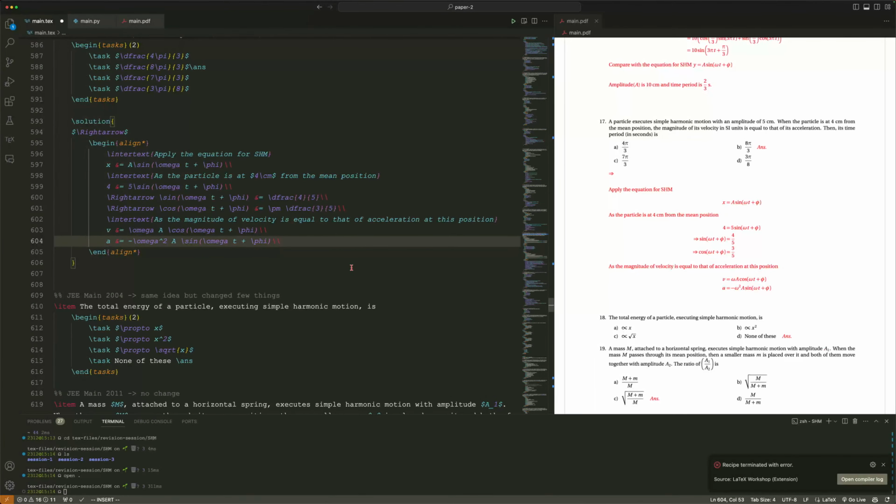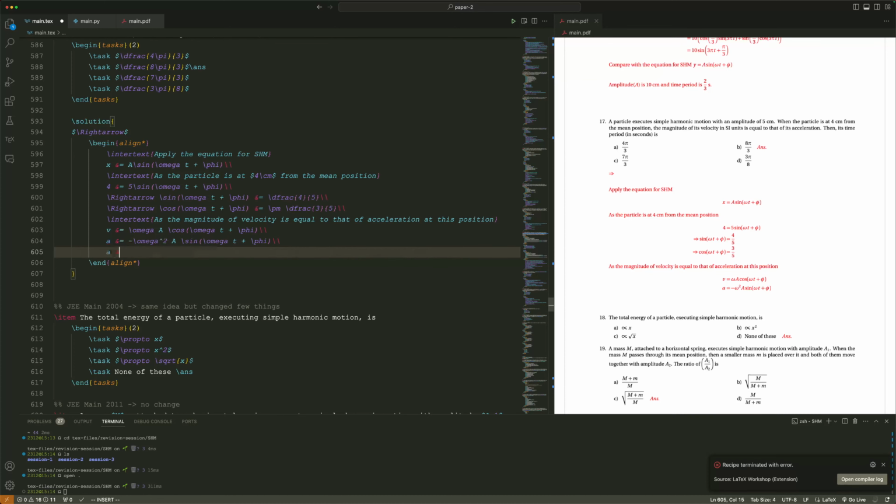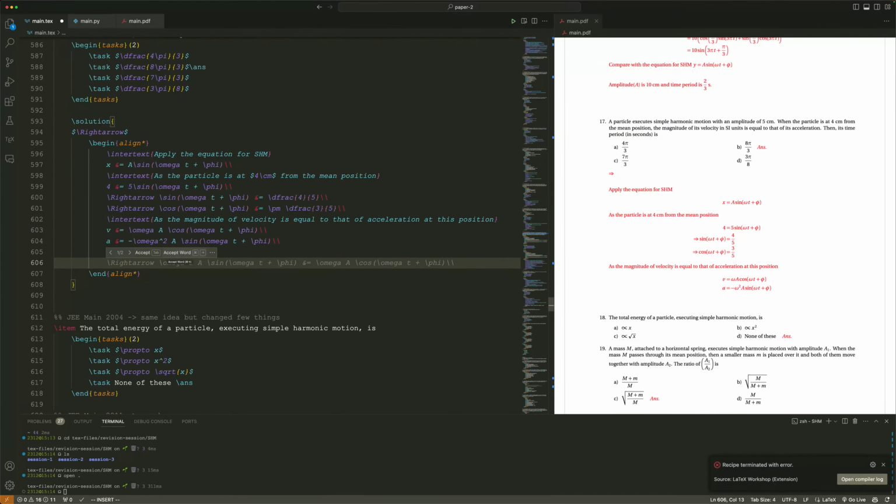Now the magnitude of acceleration is equal to the magnitude of velocity, that means omega is equal to omega. Yes, let's run it first.